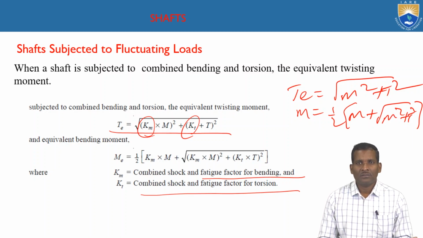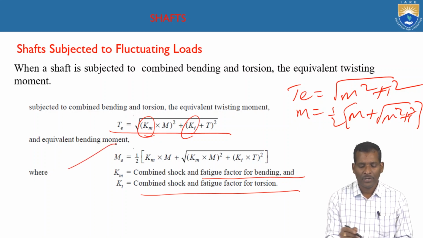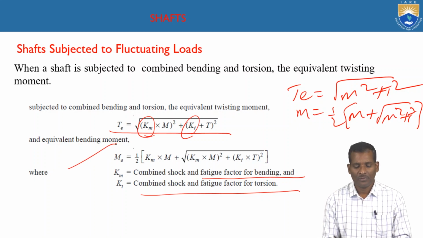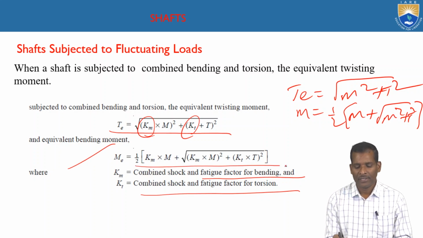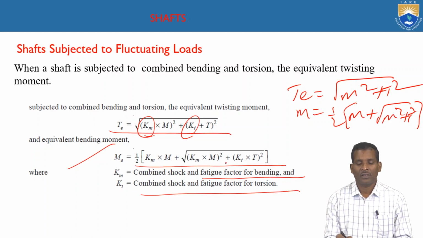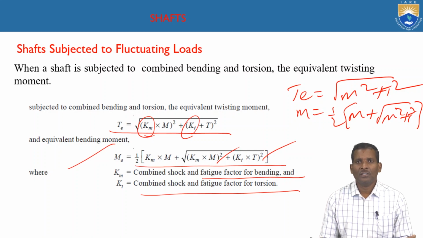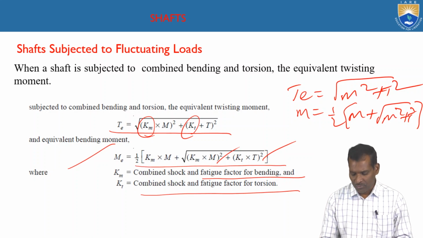After taking these two values, you multiply these factors with the bending moment and torsion, and you get the equivalent twisting moment. Similarly, the equivalent bending moment is half of Km into M plus the square root of Km into M whole square plus Kt into T whole square. So this is the equivalent twisting moment and equivalent bending moment.